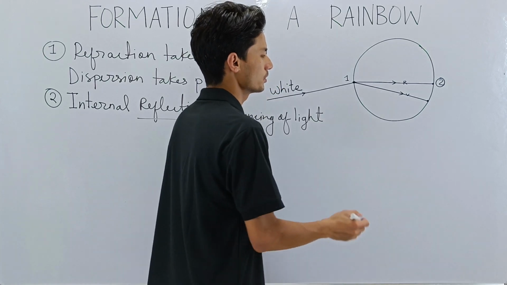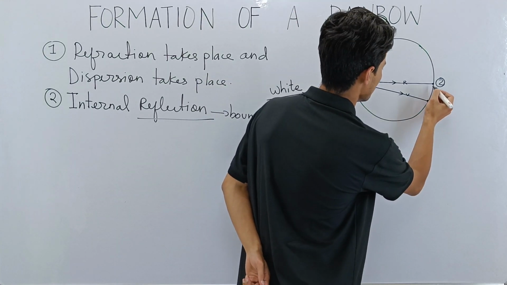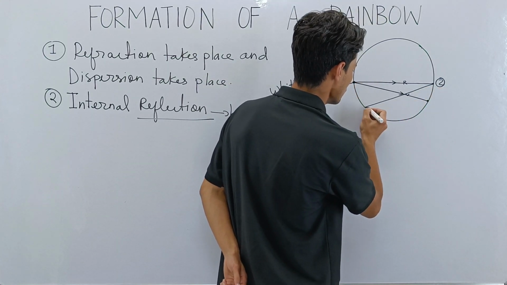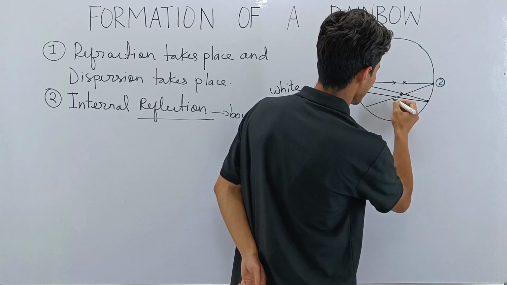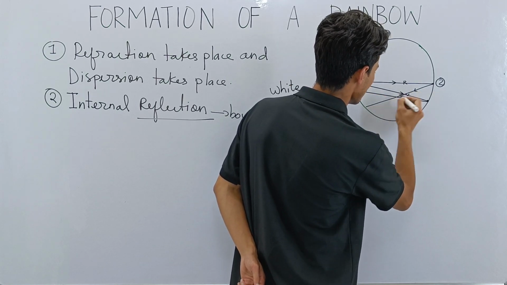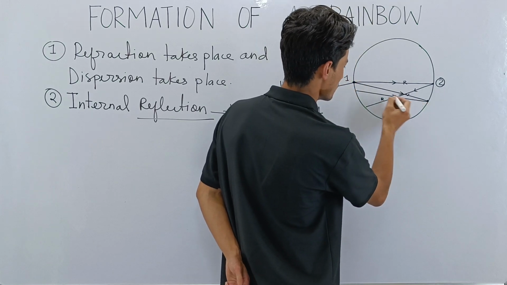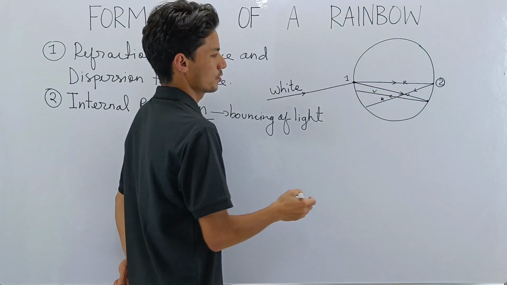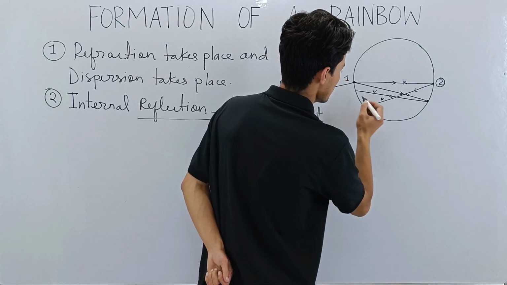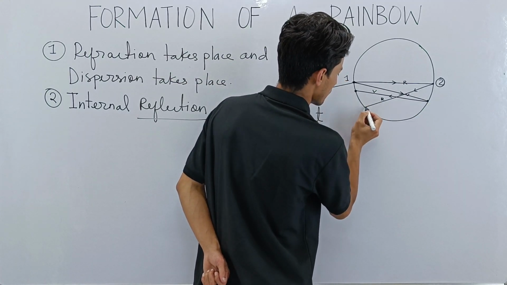So this will go here and this will go here. This is our red, and this is our violet. So internal reflection has taken place, and now they are here again.